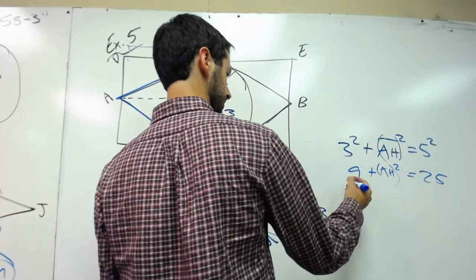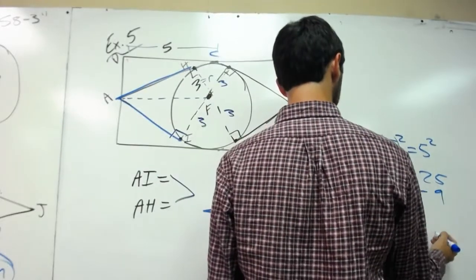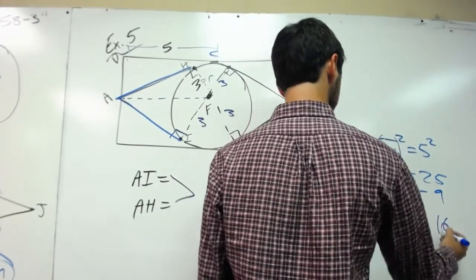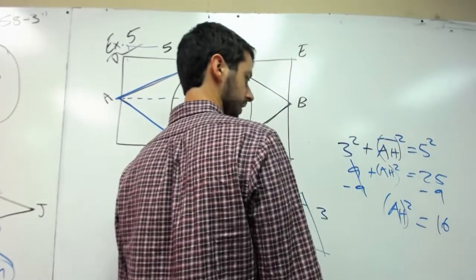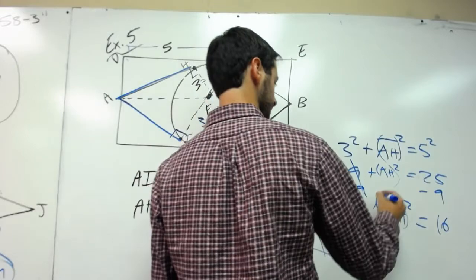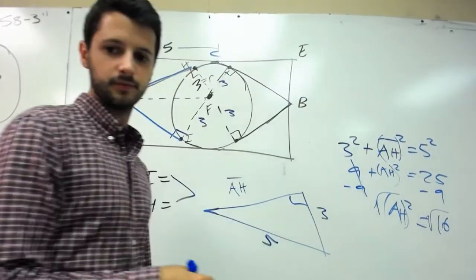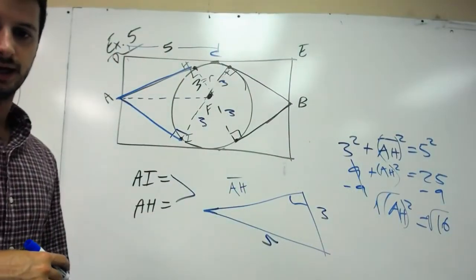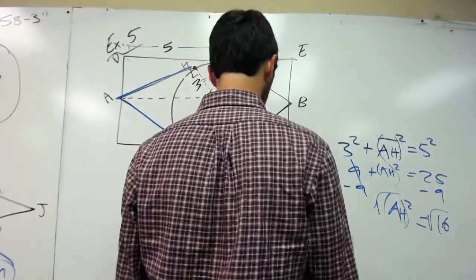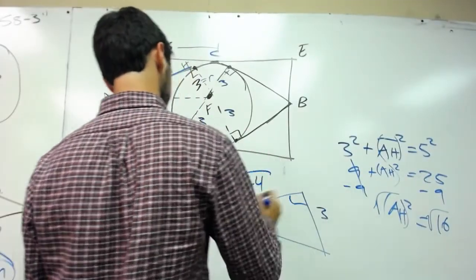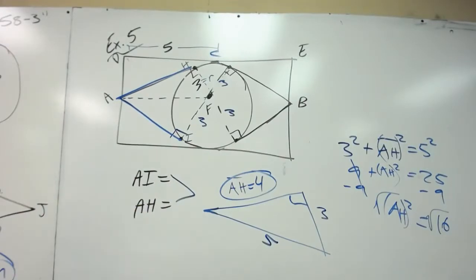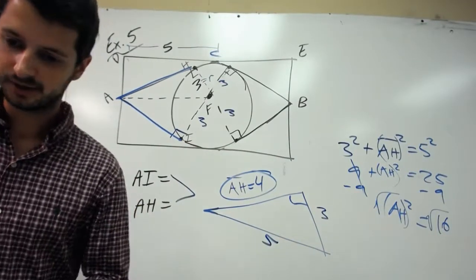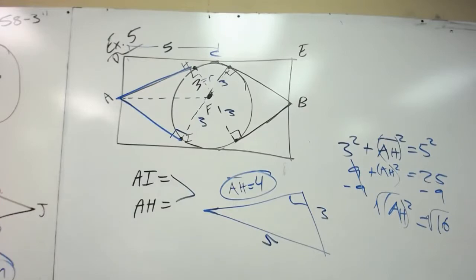Subtract 9. We get 16 equals AH squared. And to get rid of the squared, we square root. And now we get AH equals 4. And once again, since we know AH is 4, we know AI is also 4. So that's all the solving we have to do there. So that is how you do lesson 58.